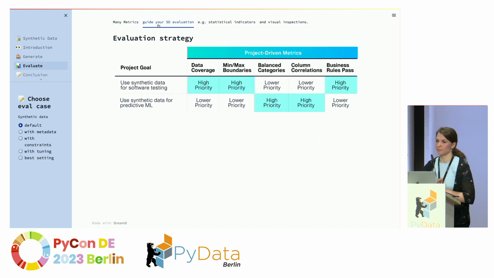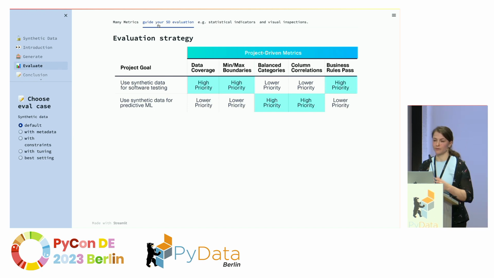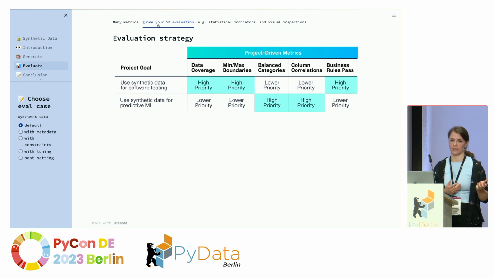Well, not quite yet, because the second thing that is really important to do when you want to create synthetic data is to define a strategy and to know what you're going to use your data for beforehand. So there are different metrics that cater to different needs that you might have for your data.